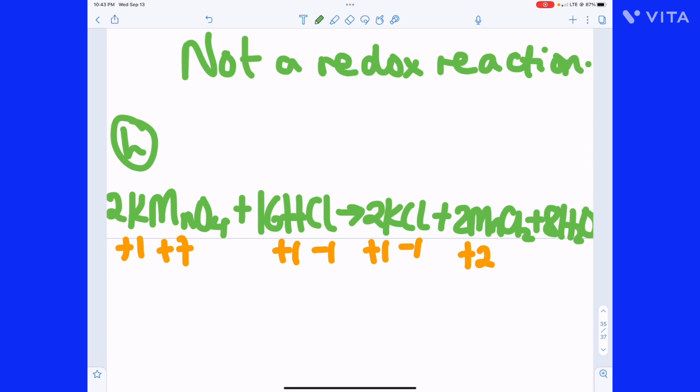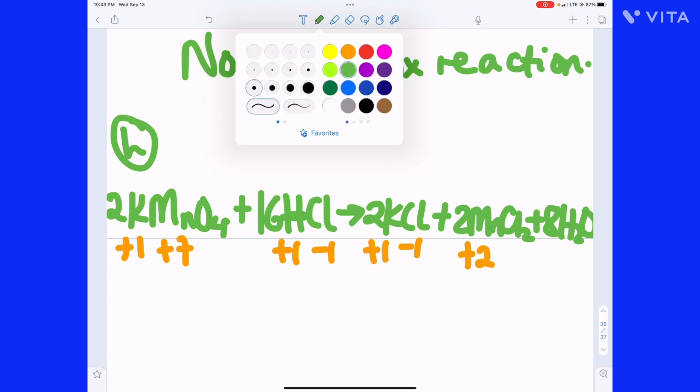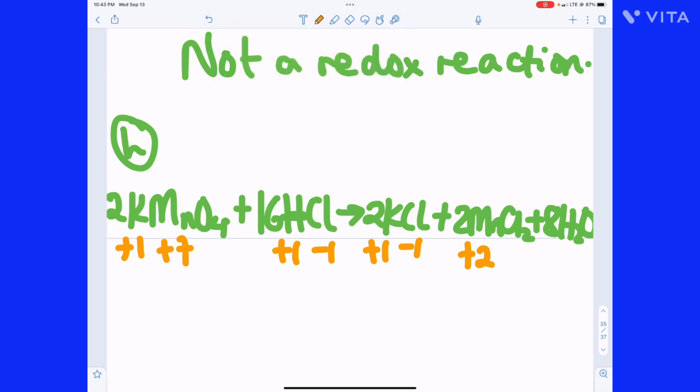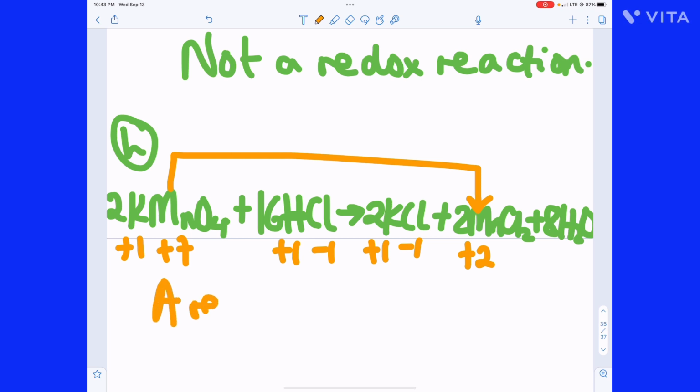Now here, what does this mean? There's a change in oxidation number because manganese went from +7 on the left to +2 on the right. That's a decrease in oxidation number. So this is a redox reaction.